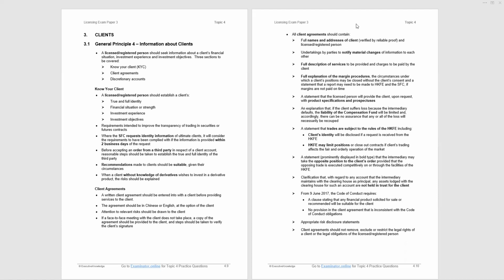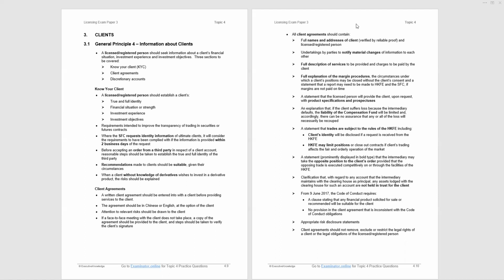Fine. Here's another one that I've seen come up, an explanation that if the client suffers loss because the intermediary defaults, now what happens in that instance is that the client can claim from the investor compensation fund. But what this point is saying is that the liability of the compensation fund will be limited, and accordingly there can be no assurance that all the loss will be recouped.